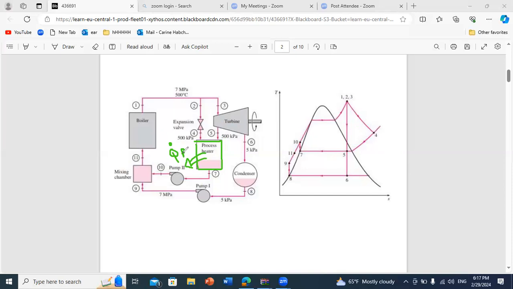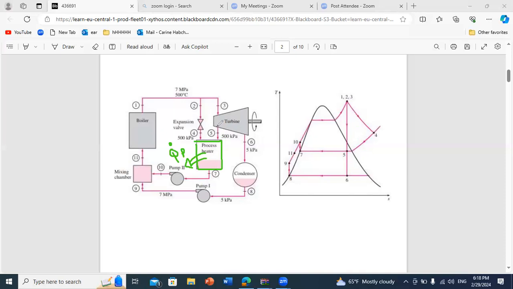In order to determine how much heat we can give to the surrounding or to a fluid that needs to be heated, for example, water for residential application, you can use this process heater to heat the water, and then use this hot water for any application, such as showers or hot water needs.